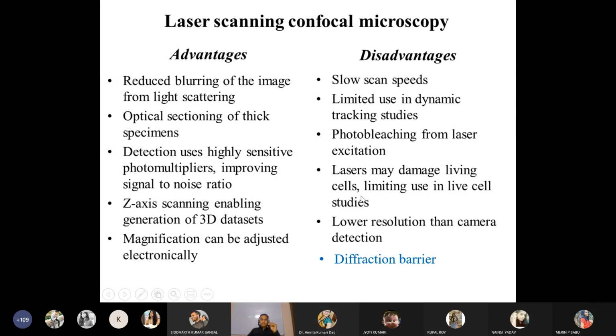Whereas the disadvantages are still photo bleaching is there, and what is more important is diffraction barrier. Okay, so why I have colored it separately, because our next technique is based on this diffraction barrier parameter.